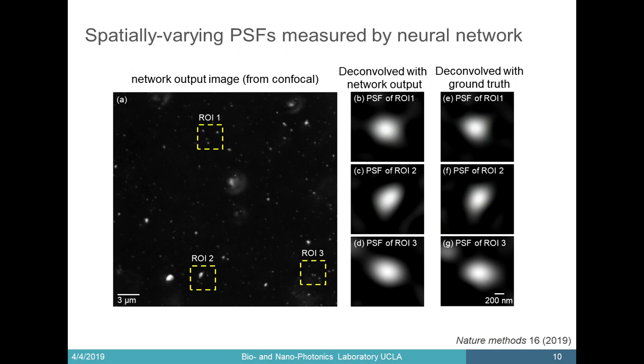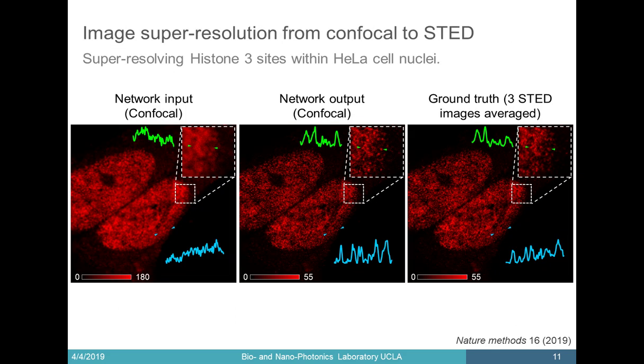You can see that we deconvolve the network output image with regard to the network input image and show the PSF of local regions. We repeat the same operations with the ground truth image and input images. We see that the network can actually learn the spatially varying point spread functions and perform an adaptive deconvolution to super resolve the nanoparticles.